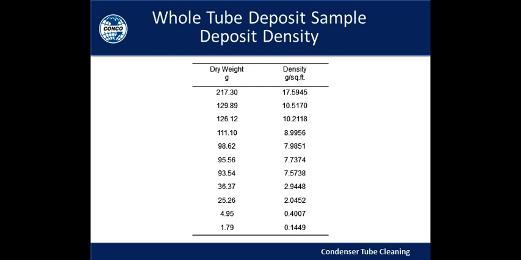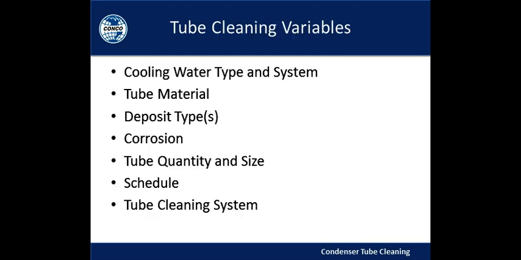So those are variables that you have to be prepared for. What other variables? Well, the cooling water type and system. Fresh water, brackish water, seawater. Is it a once-through condenser? Is it a double-pass condenser? The temperatures are higher on the outlet.